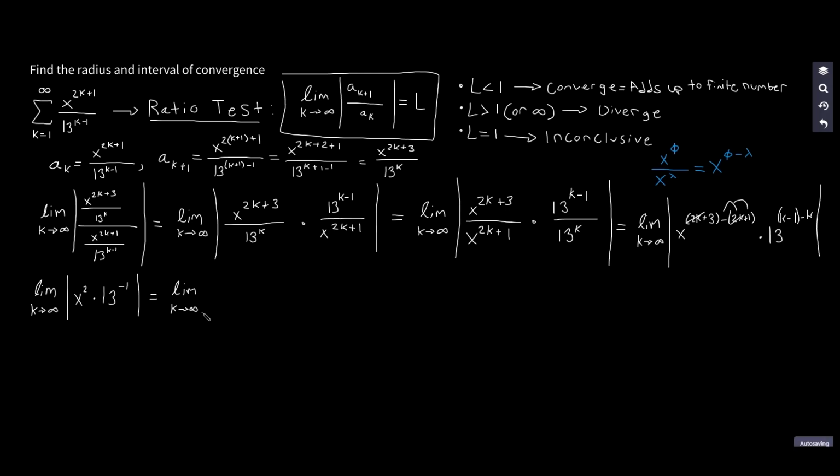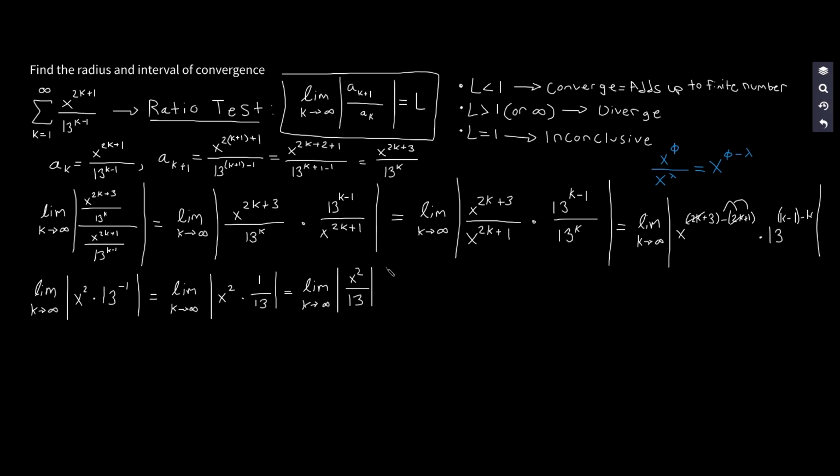The limit as k approaches infinity of x squared times 1 over 13. All right, and then that's going to be the same thing as the limit as k approaches infinity of the absolute value of, you could just throw that x squared on top. So x squared over 13.